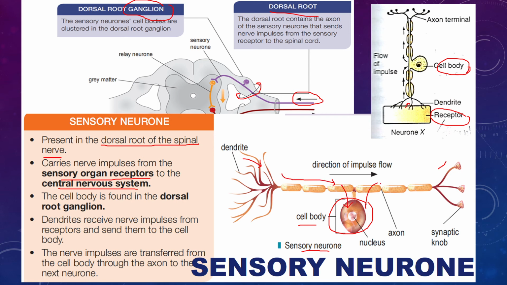And then subsequently to the axon terminal yang diakhiri dengan synaptic node. So nerve impulses are transferred from the cell body to the axon. Inilah axon itu. That's the extension ataupun this portion of the cell body. So melalui axon to the next neuron. Dia akan pergi kepada neuron seterusnya.